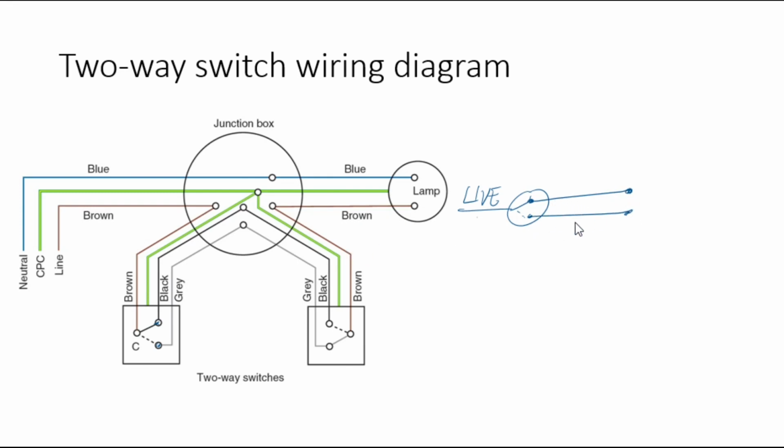So you have two lines. These are still live, but you have provided two possible paths through which current can flow, okay? Then from there, it goes to your lamp. And then, of course, it travels back to the neutral.